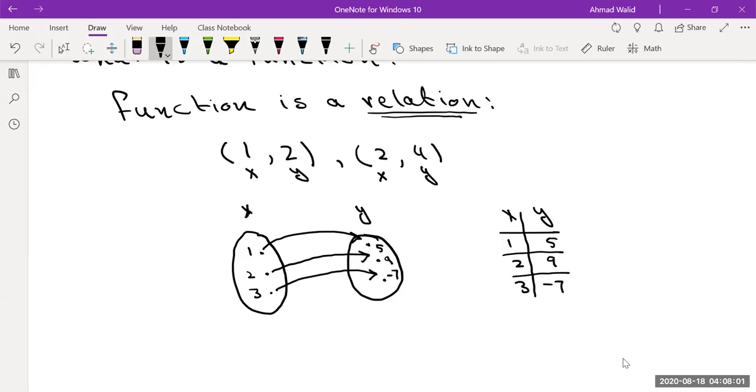The values of set X, if you remember from your algebra, it's again a review, we call it input, or domain. Your set X is your domain, or your input. Set Y is output, or we call it range.